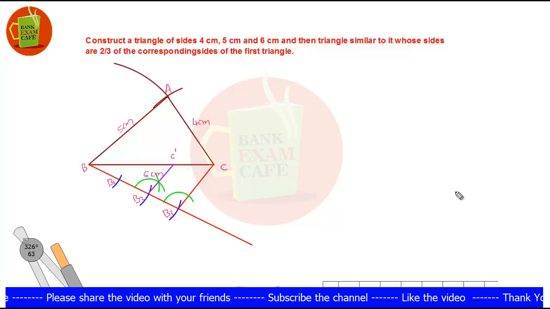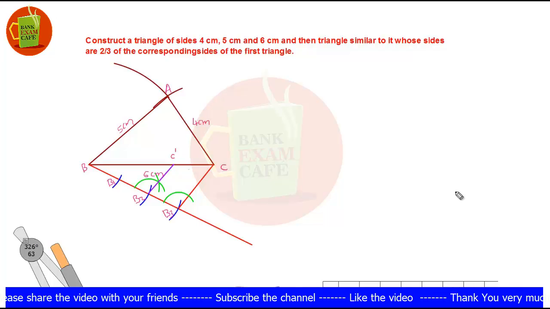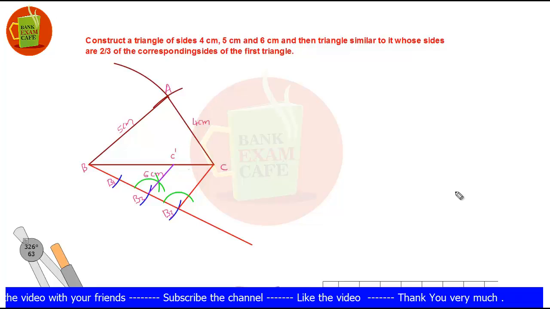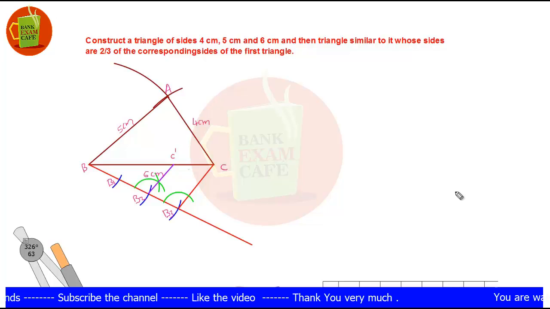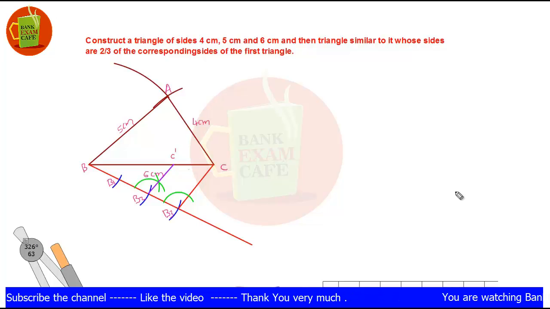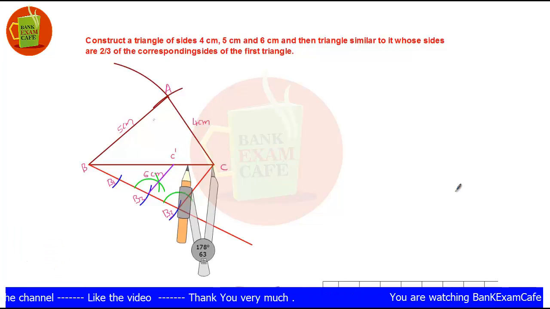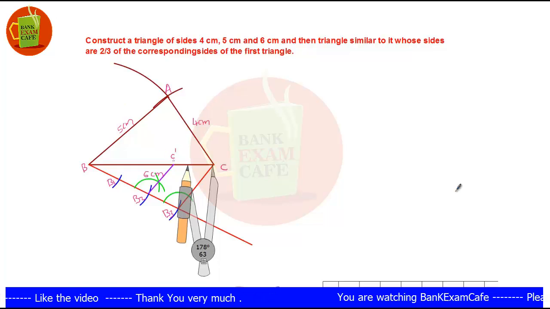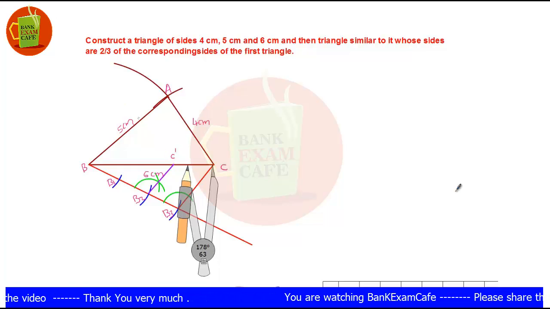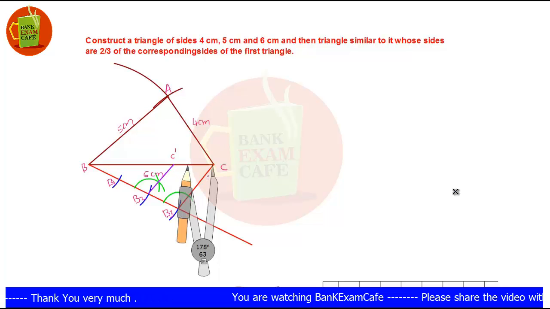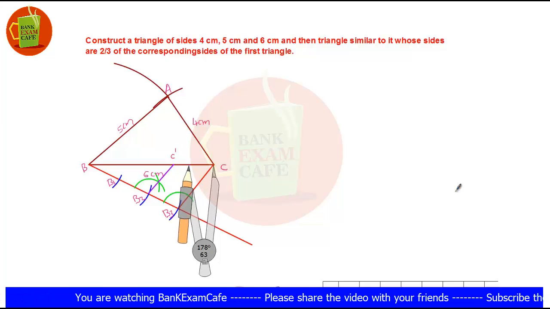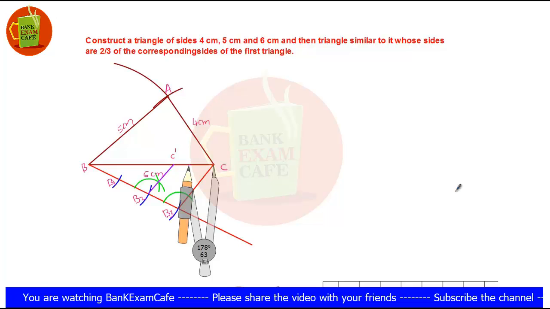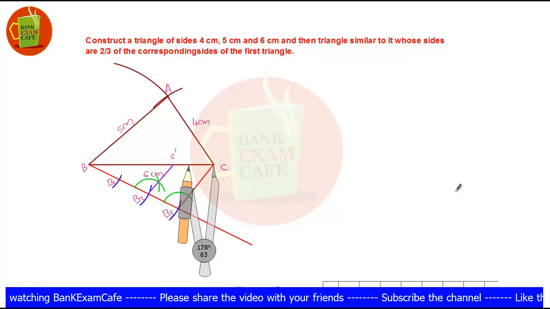Now from this point C dash, draw a parallel line segment which is parallel to AC. It will meet AB at A dash. Now to draw a parallel line from C dash, take C as a center and any radius of suitable length, draw an arc.